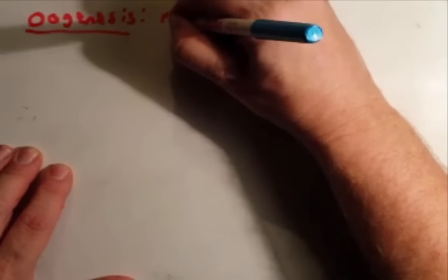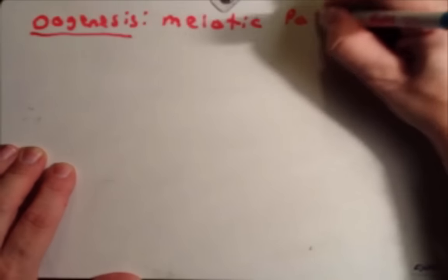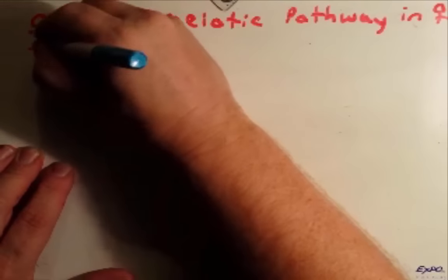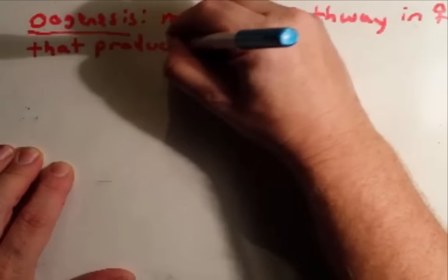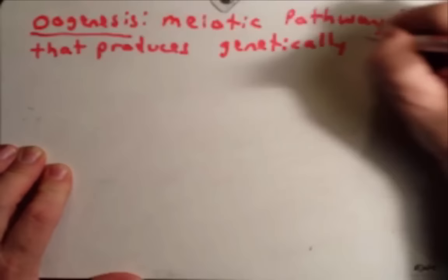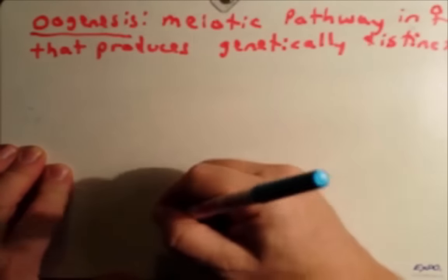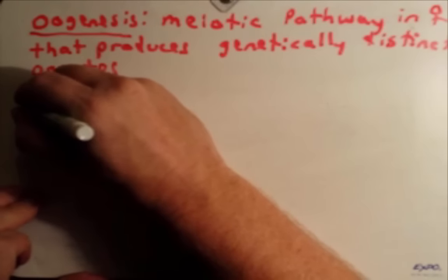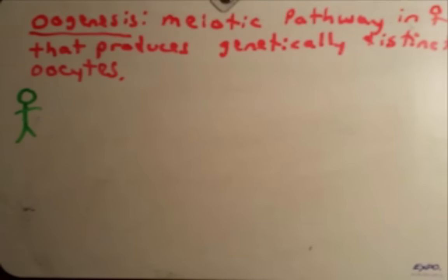It's the meiotic pathway in females that produces genetically distinct oocytes.